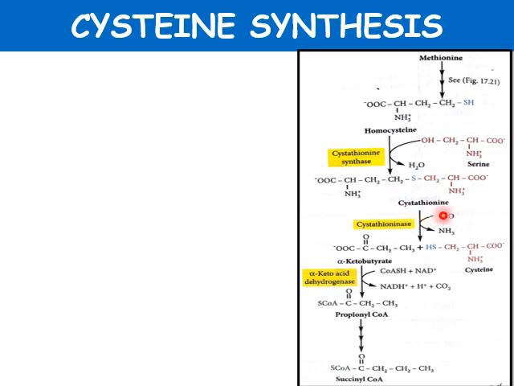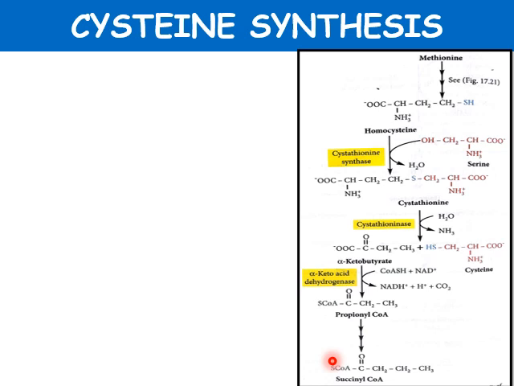After that, the cystathionine is acted upon by the cystathioninase enzyme and splits the cystathionine into cysteine and homoserine, and that homoserine gets converted ultimately into propionyl CoA, and we know this propionyl CoA gets converted into succinyl CoA by successive reactions, and this succinyl CoA enters the TCA cycle as an intermediate, and it forms oxaloacetate, and that oxaloacetate goes to gluconeogenesis, and it synthesizes glucose.